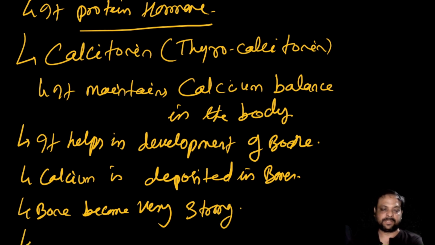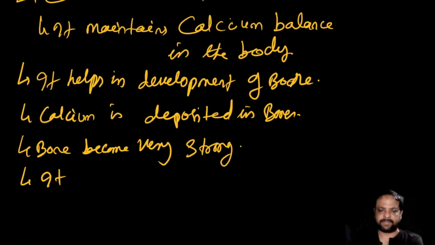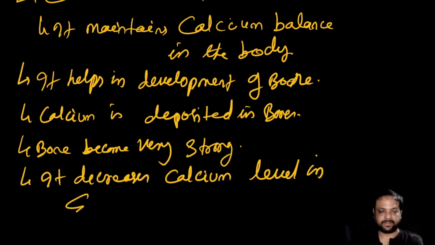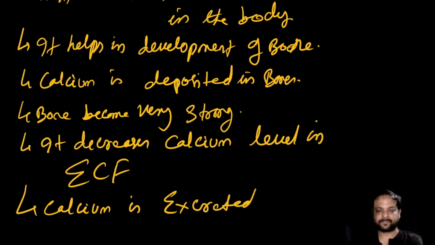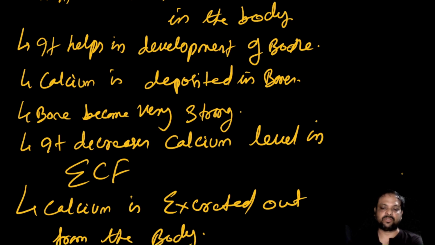It helps in bone formation, thereby it decreases the calcium level in the ECF, the extracellular fluid. Whatever extra calcium is produced is excreted out from the body. So in the ECF, the level of calcium is always decreased.